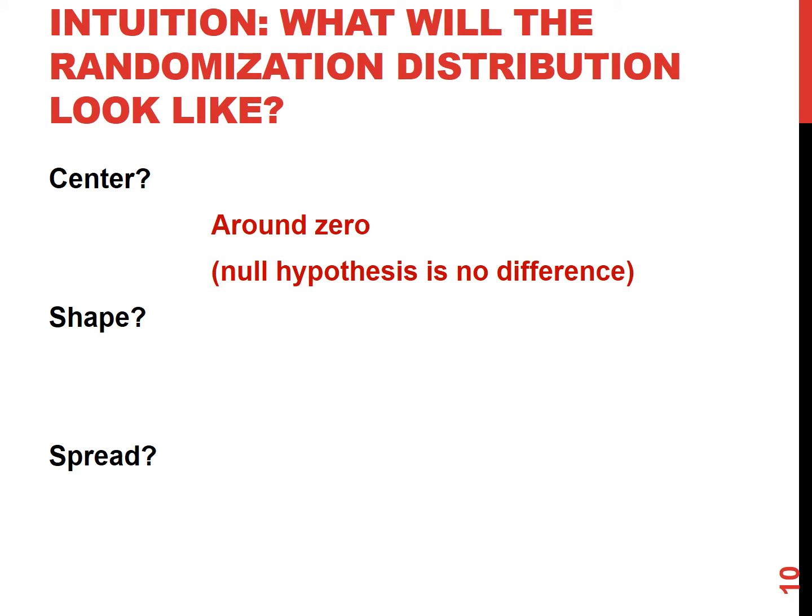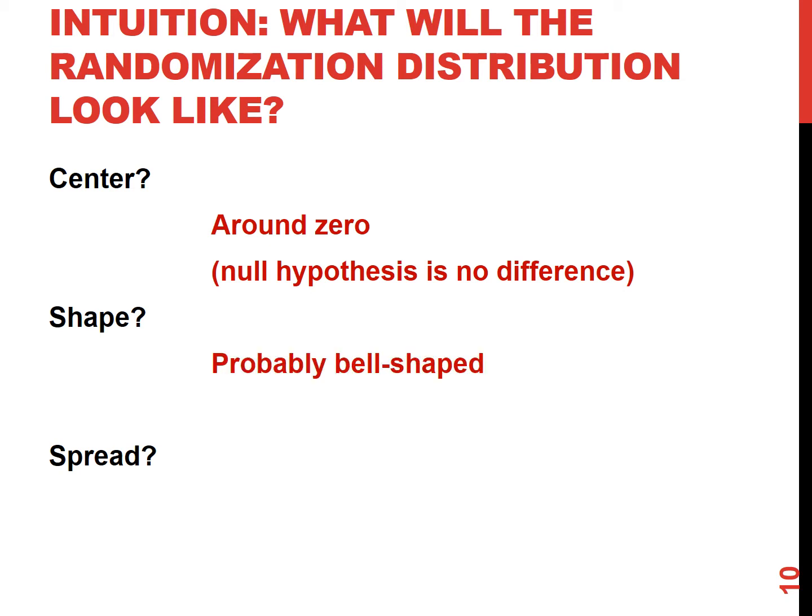Now, because the distribution is simulated to show us the kinds of differences that might be observed just by random chance, if in fact there's no true difference between the two groups, the randomization distribution is going to be centered around 0, right? Because the null hypothesis is a difference of 0.